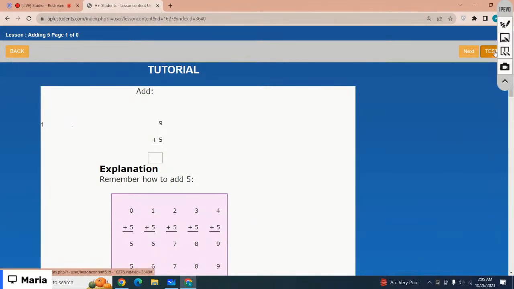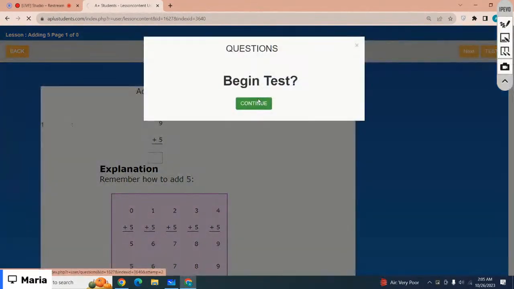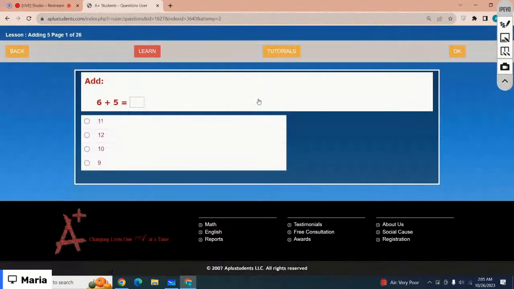So let's start with the practice questions. The first one is 6 plus 5. So how do we add? Which is the correct option? 6 plus 5.